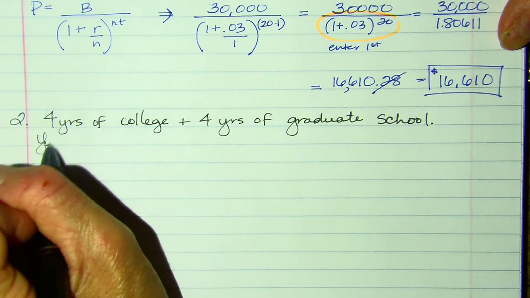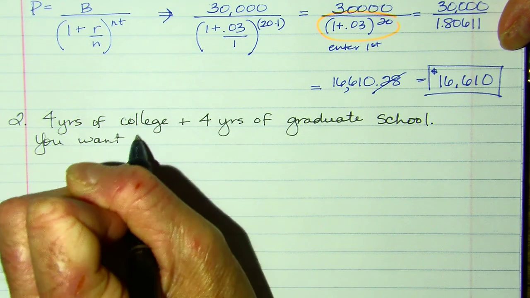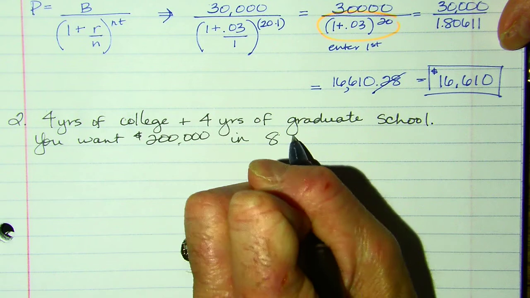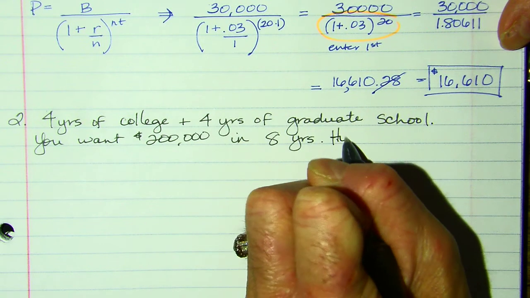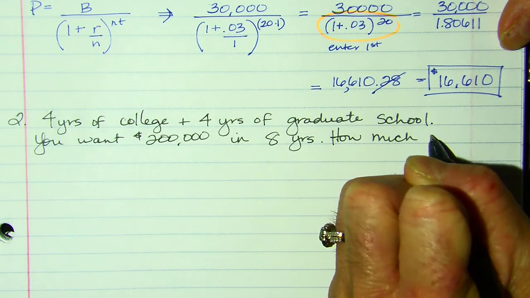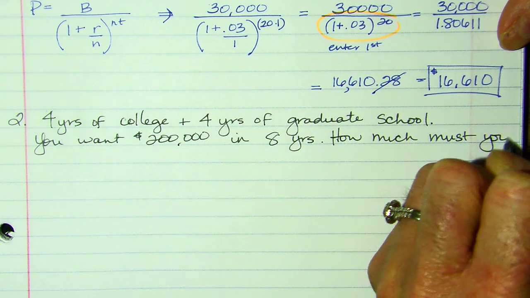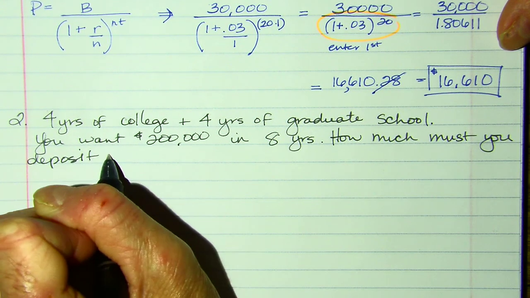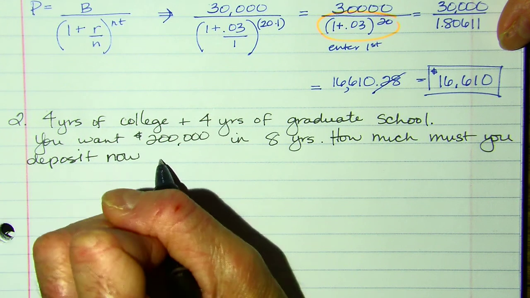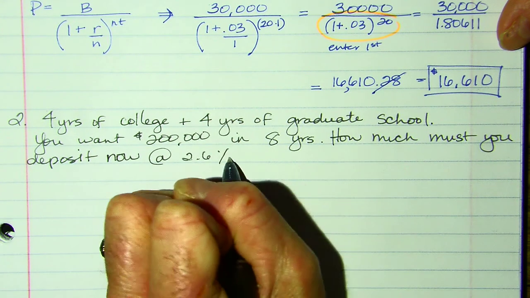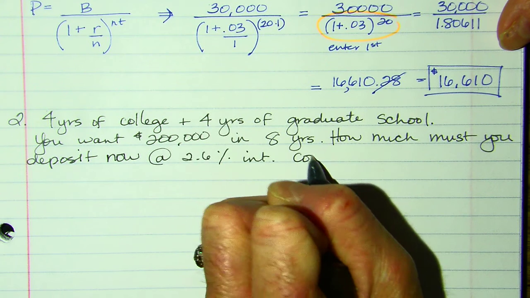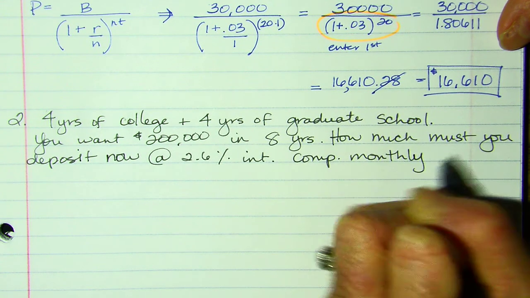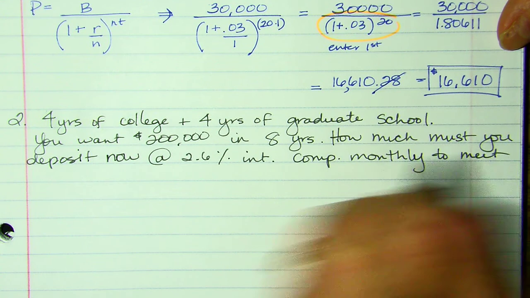If you want $200,000 in 8 years, how much must you deposit now at 2.6% interest compounded monthly to meet the goal?